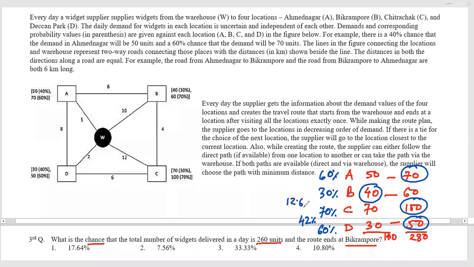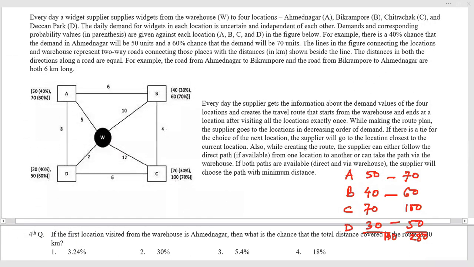Now 60% of that, we can get this one better. 60%, 6.3, and addition of 10% means 1.26. So it is coming as 7.56. Option 2 would be the answer.